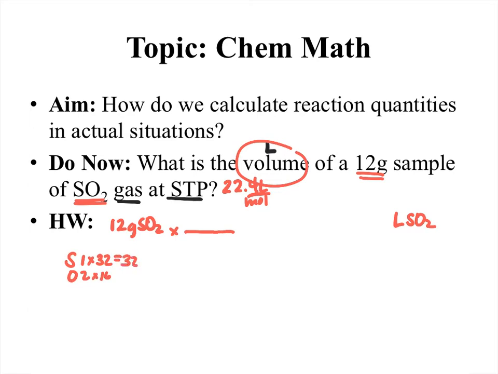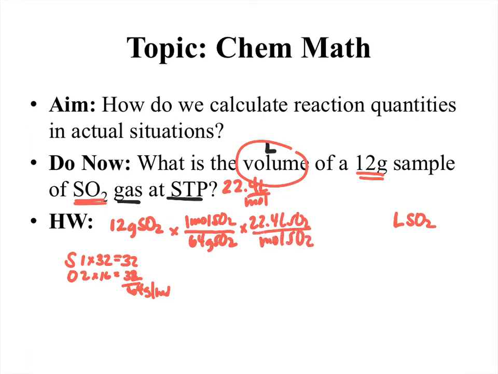So that is 64 grams per mole. So I'll put 1 mole SO2 on top, 64 grams SO2 on bottom, times 22.4 liters of SO2 per mole of SO2.